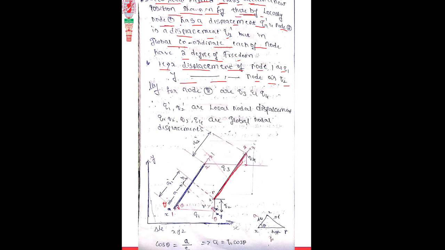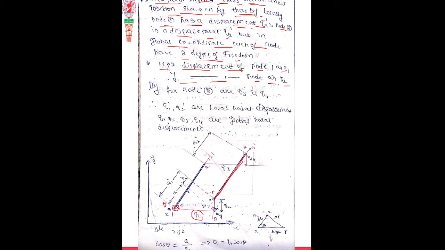Thereby, local node 1 has a displacement of q1 dash; you can see q1 dash. Where is the q1 dash? Because of this applied force, this node 1 is displaced, taking a displacement with respect to the local coordinate system of q1 dash.